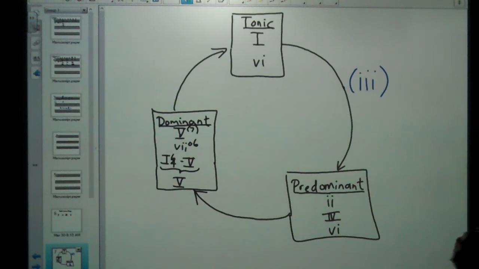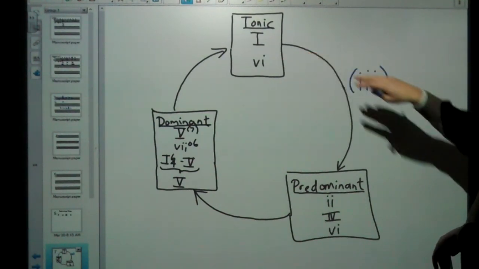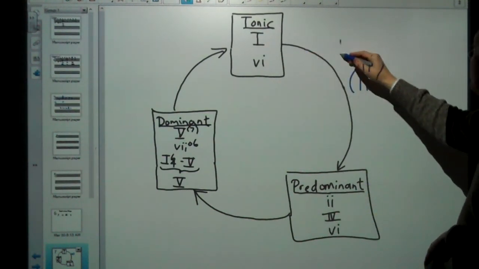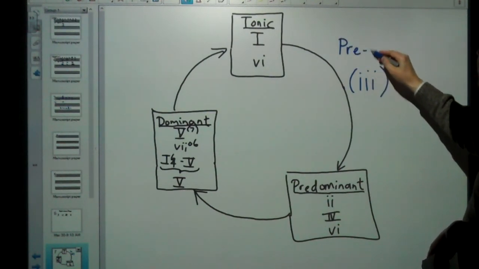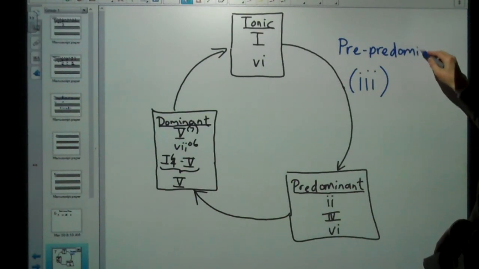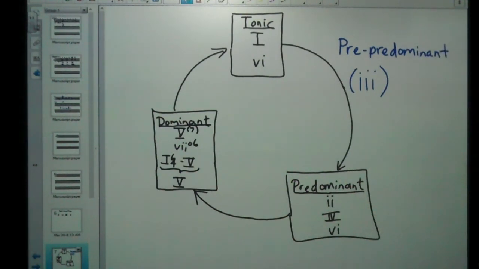It's not an official function for a chord, but it usually comes after tonic and comes before your normal predominant. So you can regard it as what I call a predominant. It comes before the normal predominant chords.